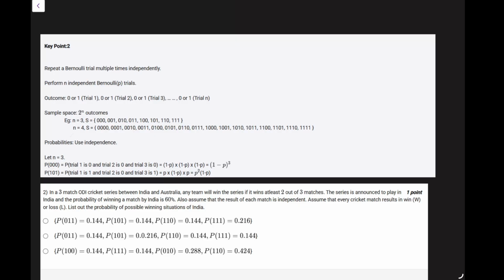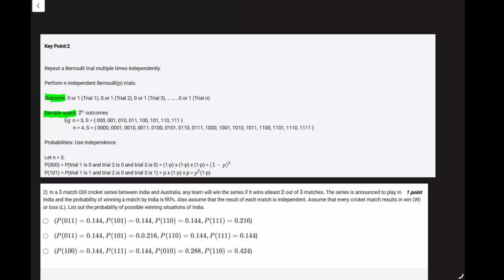Okay, makes sense. Here, what you are doing is defining the sample space and outcome. So we know Bernoulli has only 2 outcomes, 0 and 1, success or failure. But the sample space will depend on how many trials are going on, or how many times something is happening.